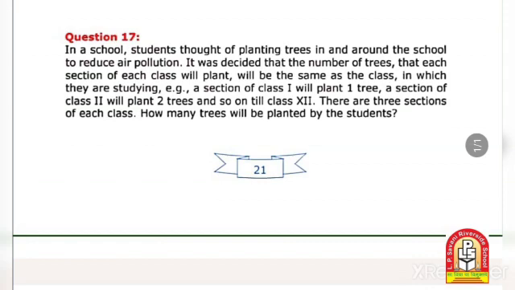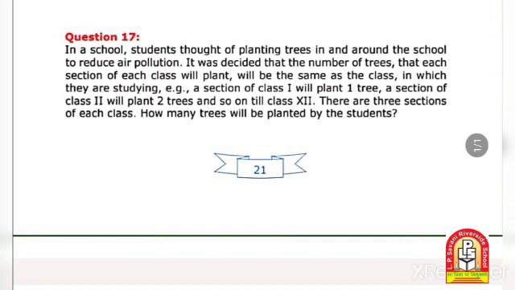Question number 17. In a school, to plant trees in a ground, the school decided, to reduce air pollution, that the number of trees that each section of each class will plant will be the same as the class in which they are studying.